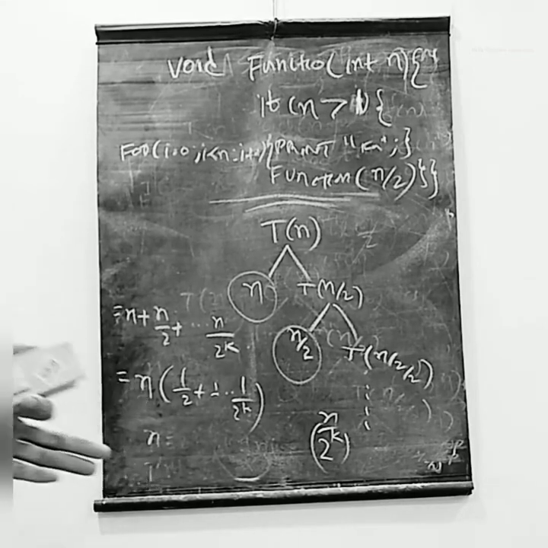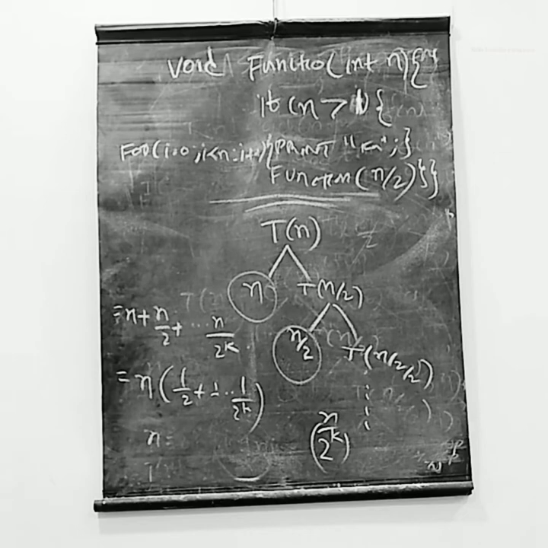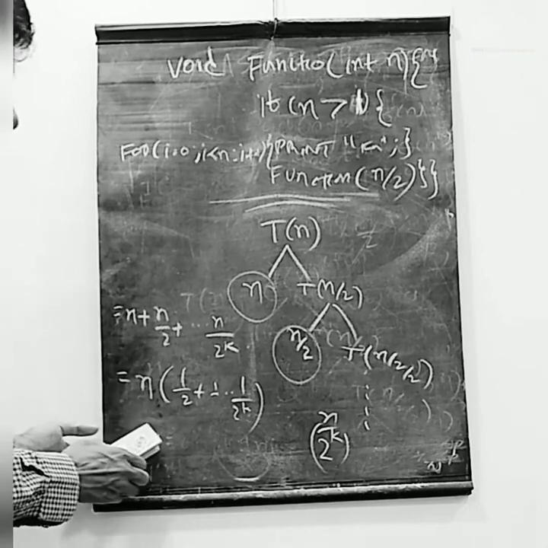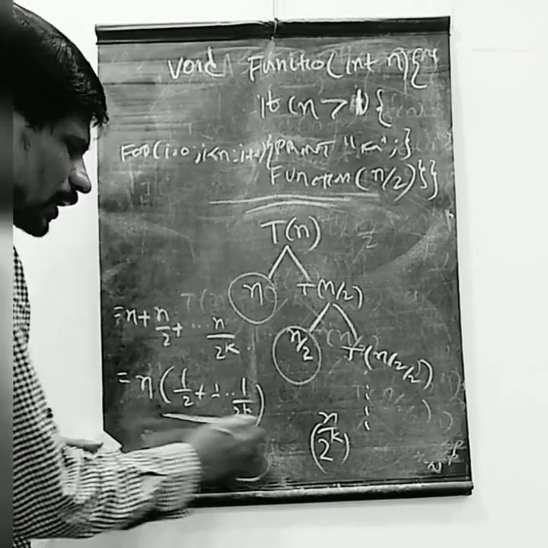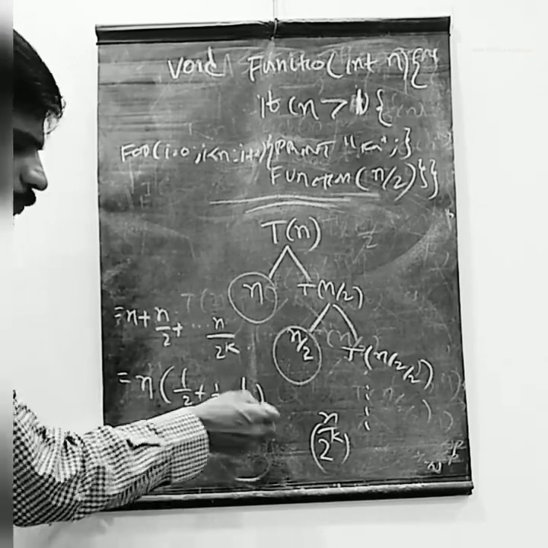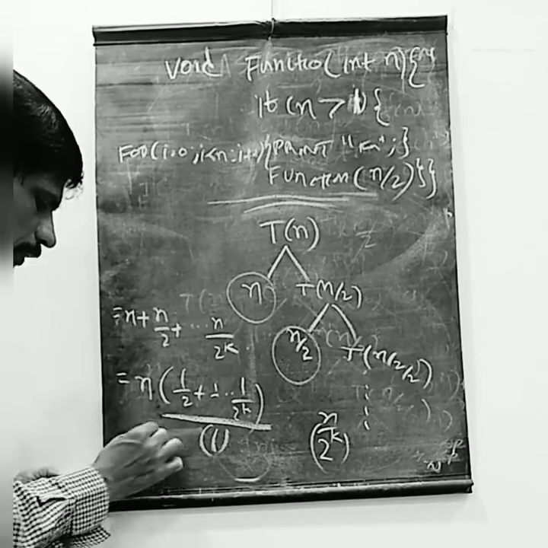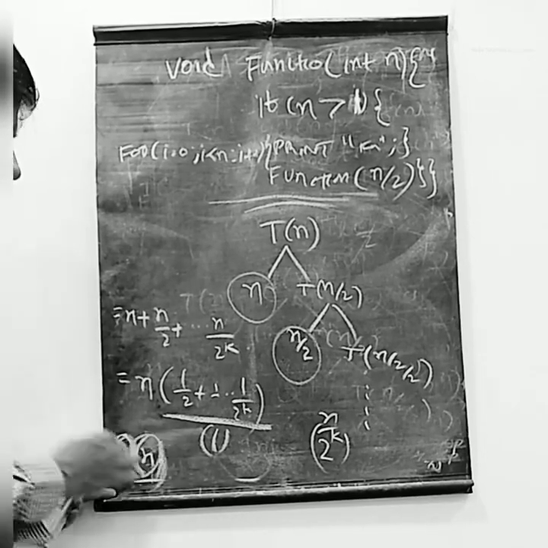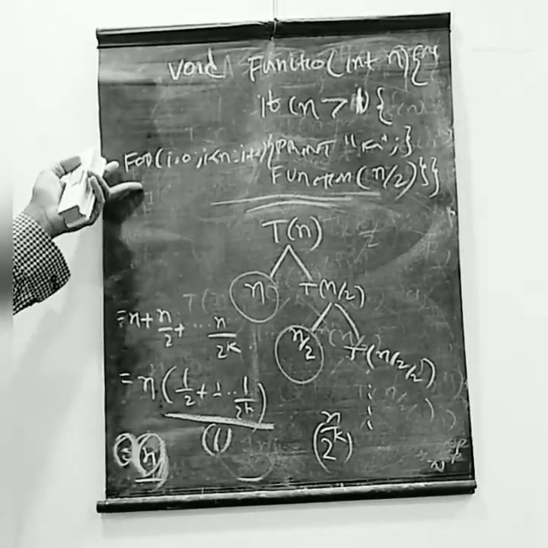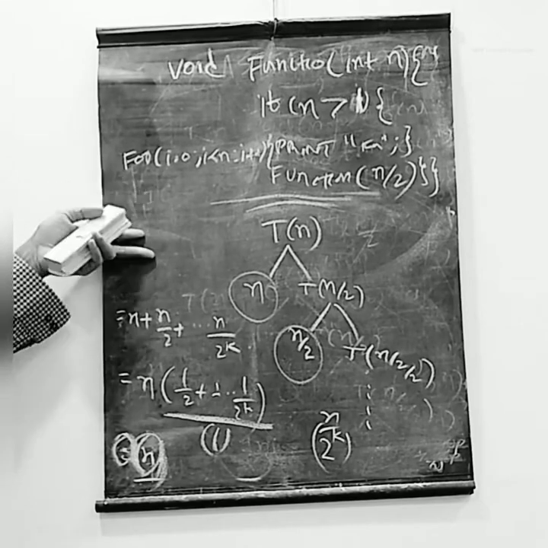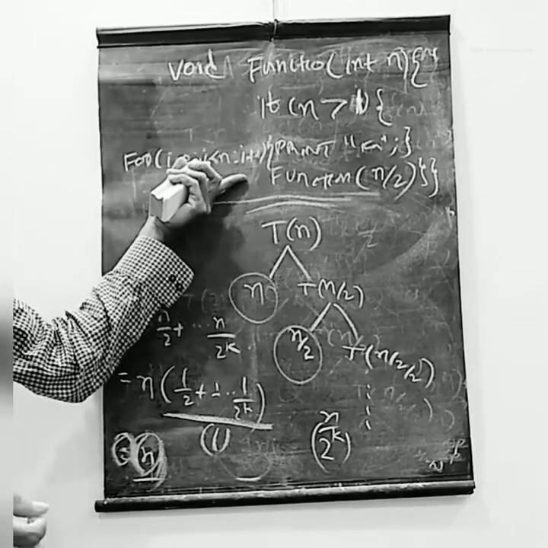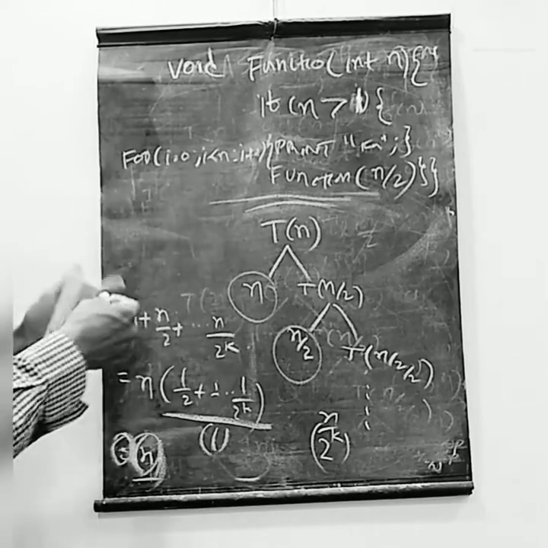This sum of fractions becomes 1 when we calculate, so we are left with n. So my complexity is big O of n when we added the for loop here.